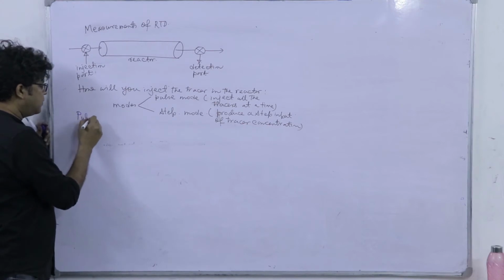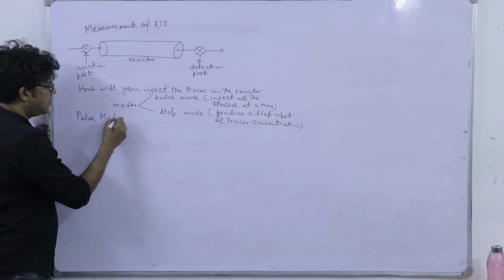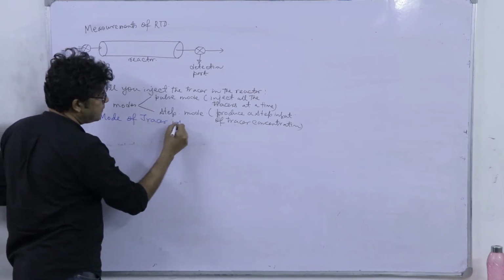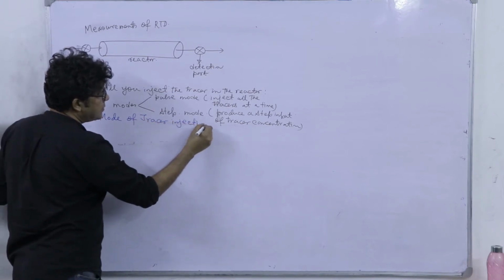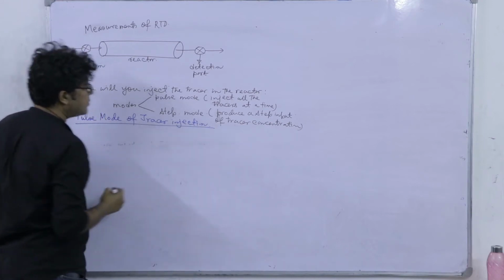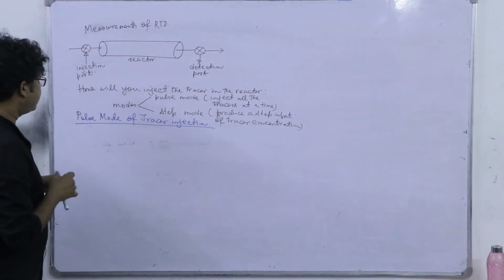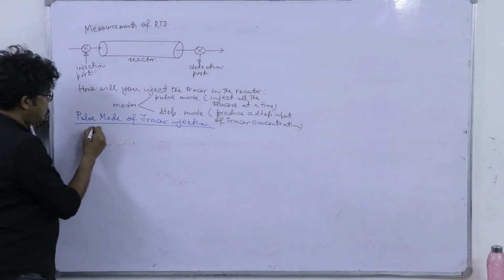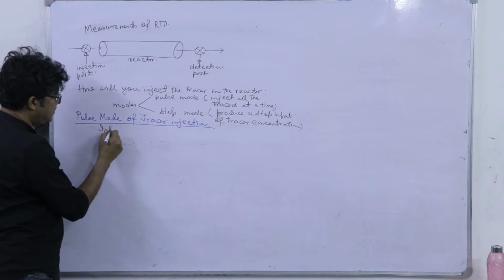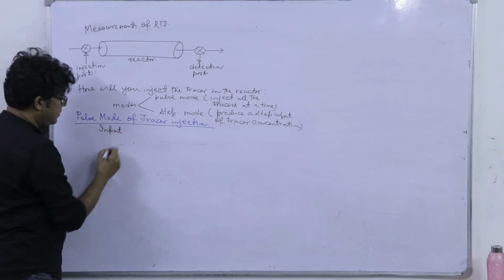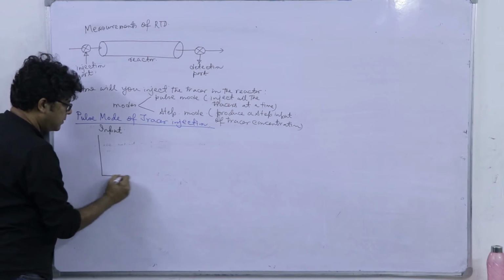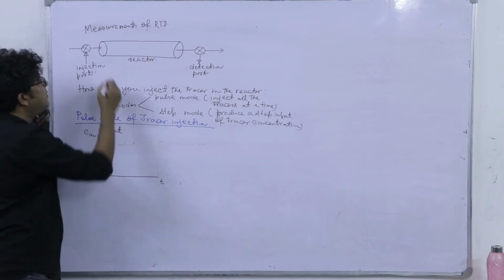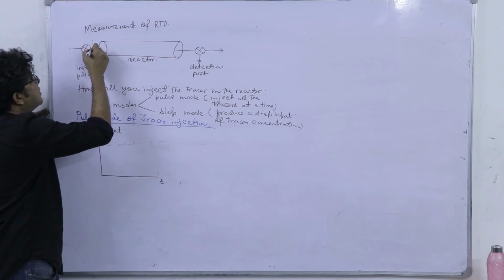So, what do we do in pulse mode? You see that in pulse mode, say this is C in and you have time, and say you are measuring the concentration somewhere here.